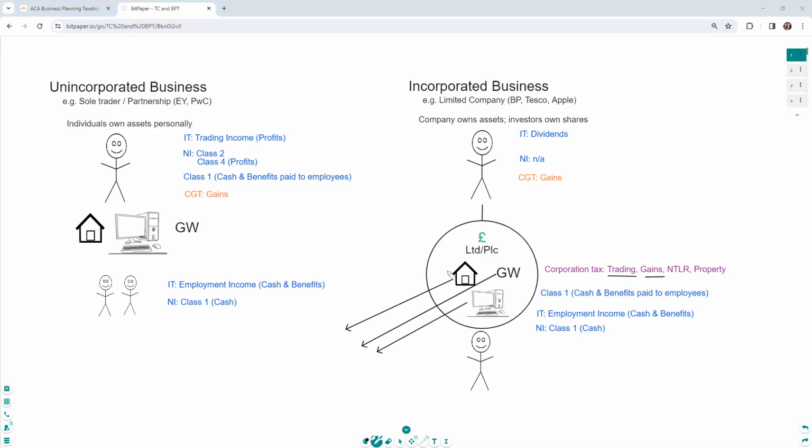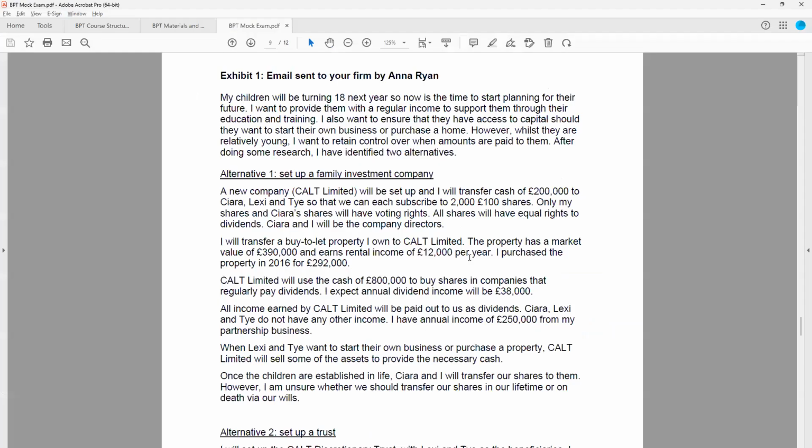Another example of this would be when setting up a business overseas. It can either be set up as a permanent establishment, which is still part of the company, or they can set up a separate company, an overseas subsidiary. And during the video course, I'll clarify all of this for you and make it very easy to understand.